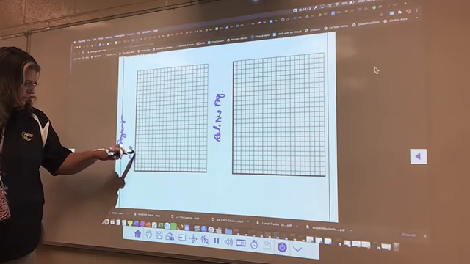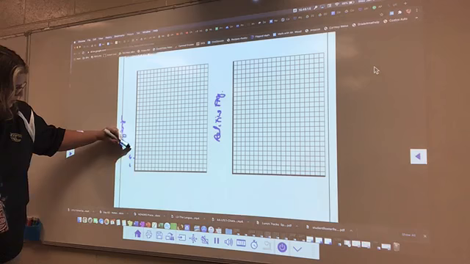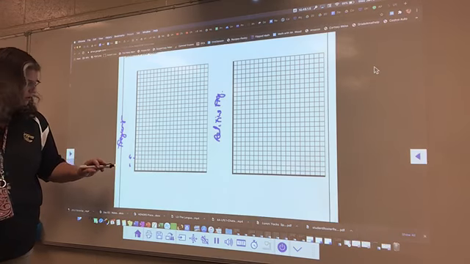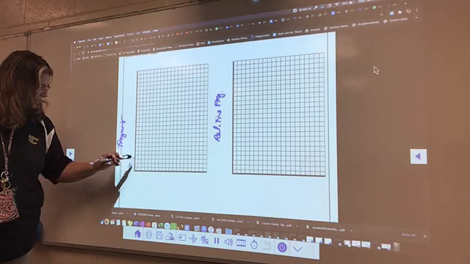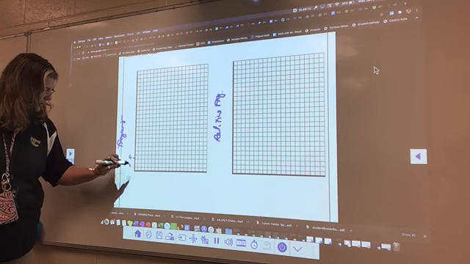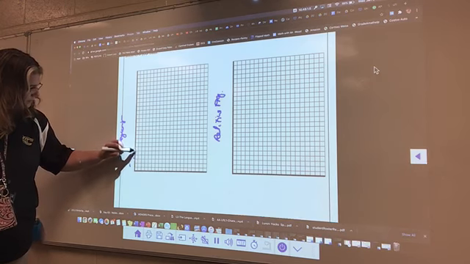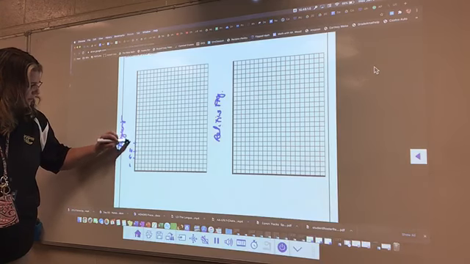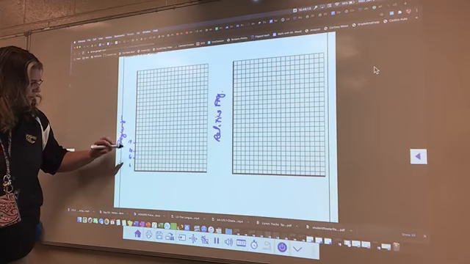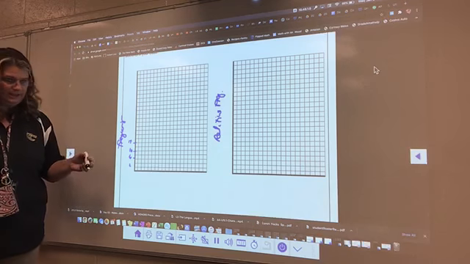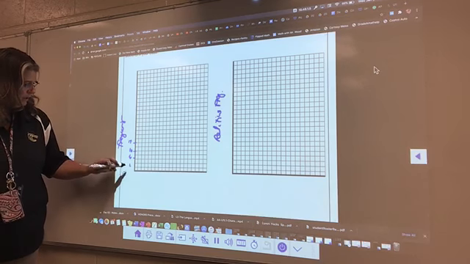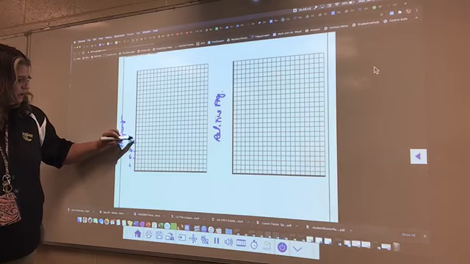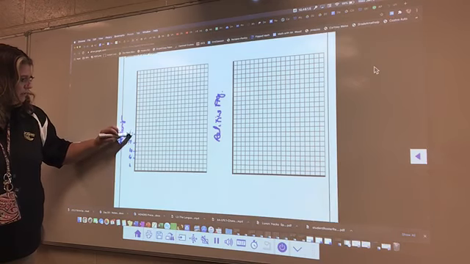I'm going up by twos, but I'm only writing every other one because it's too small. 2, 4, 6, 8, 10, 12, 14.